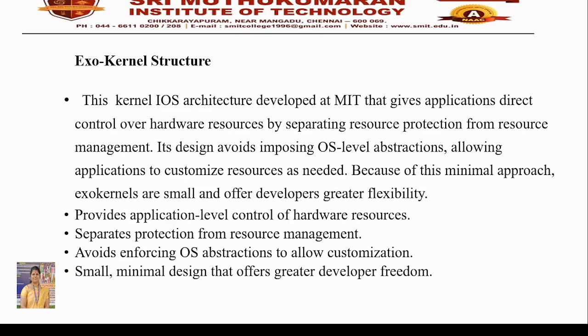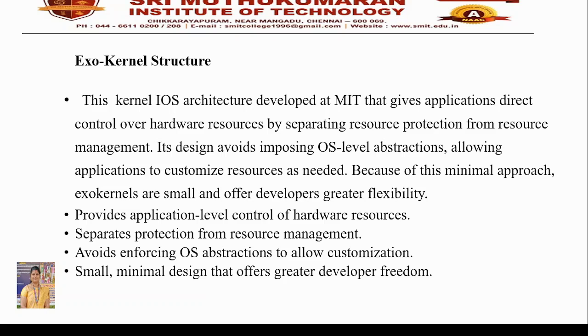The last structure is the exokernel structure. The exokernel structure, developed at MIT, gives applications direct control over hardware resources by separating resource protection from resource management. This design avoids imposing operating system level abstractions, allowing applications to customize the resources they need.